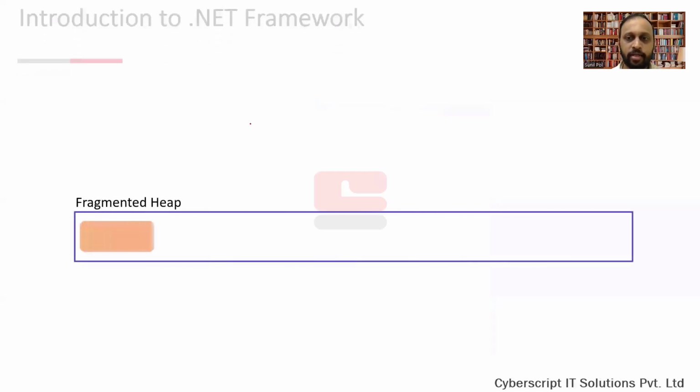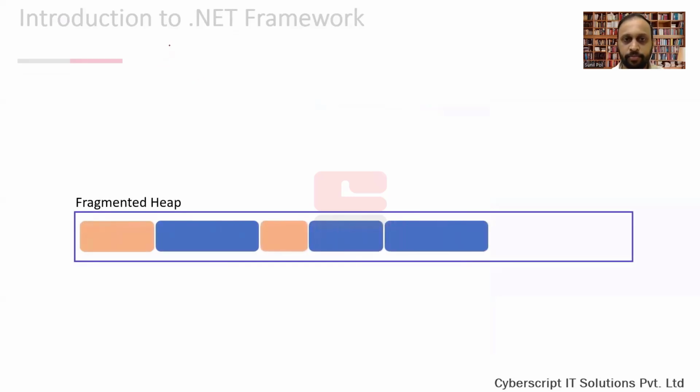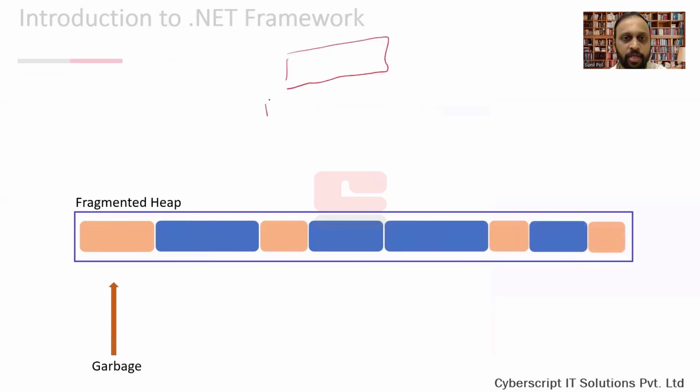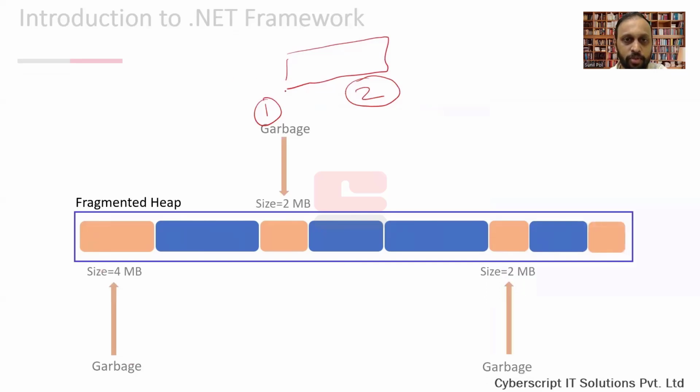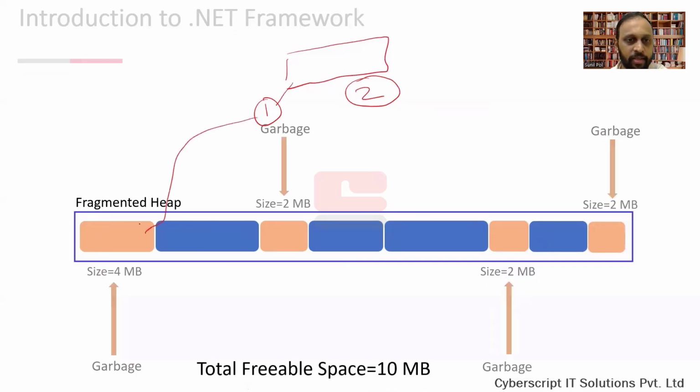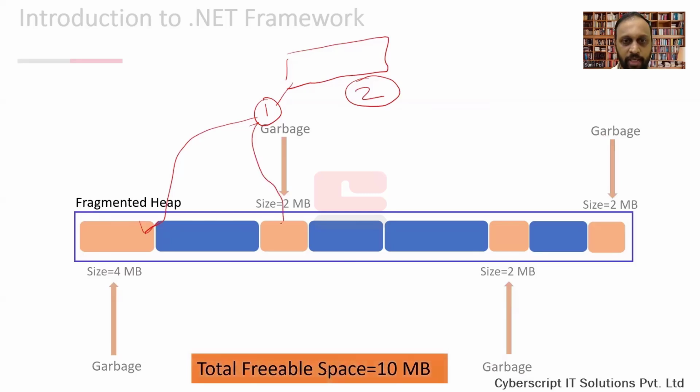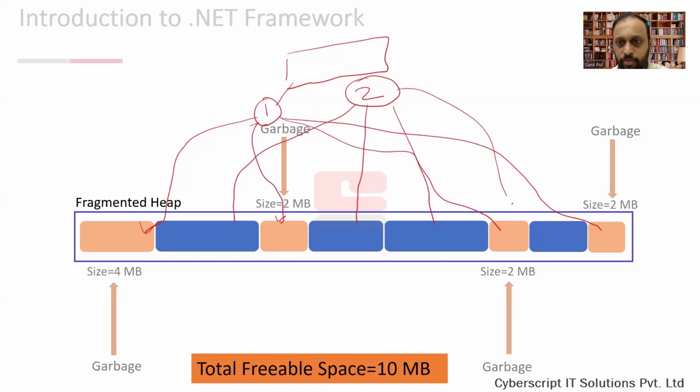So let's understand this in detail with this animation. Suppose this is our application which contains root 1 and root 2. Root 1 had created these pink objects from the managed heap, and all the blue objects are created by application root 2.